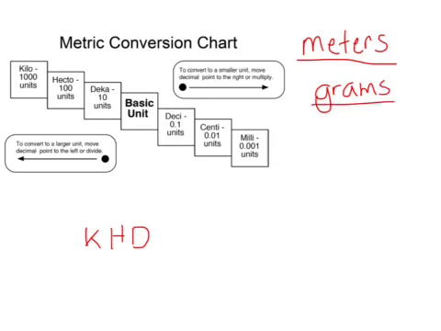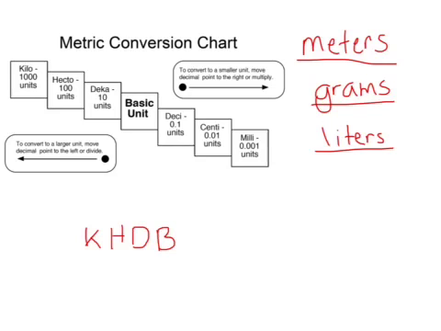The last one is liters, that's volume or liquid. These are the 3 basic units, and all of these will be under the basic unit, so we can put the letter B. Whenever you see M, it's usually meters. When you see G, it's grams. When you see L, it's liters.